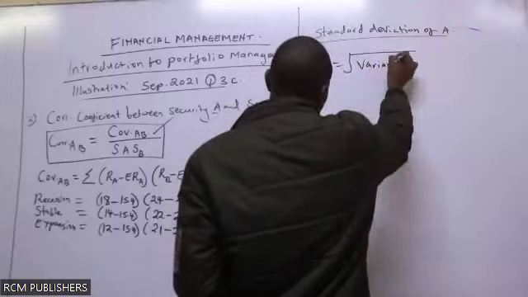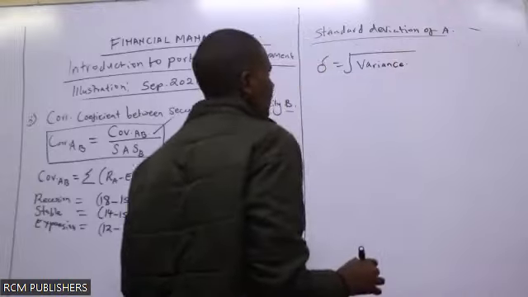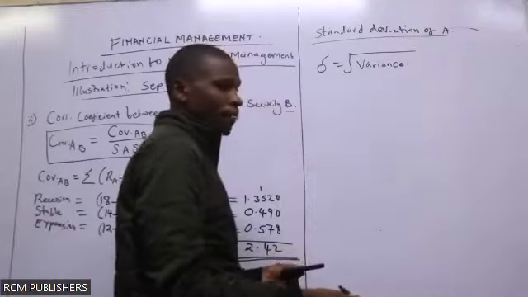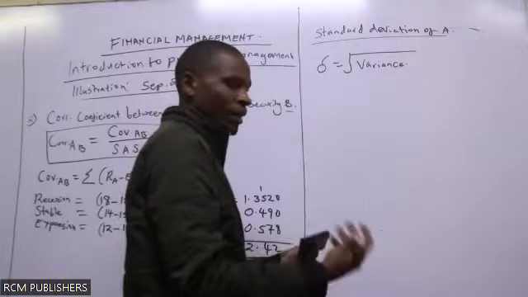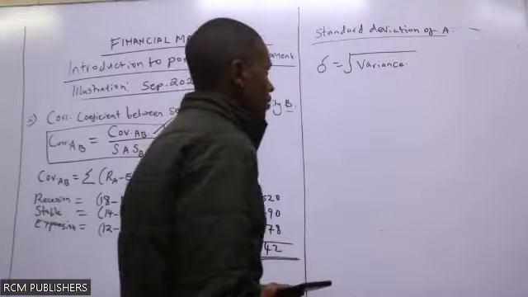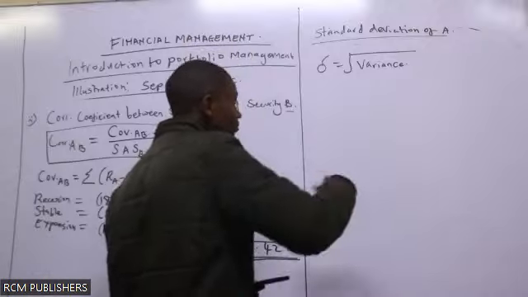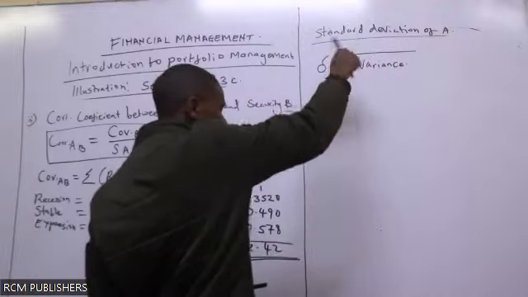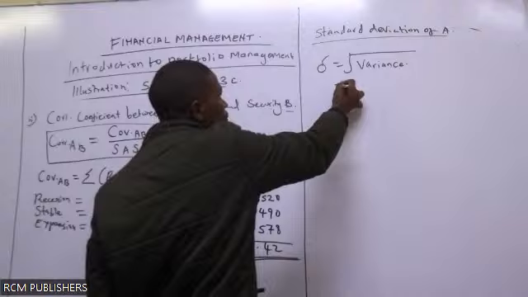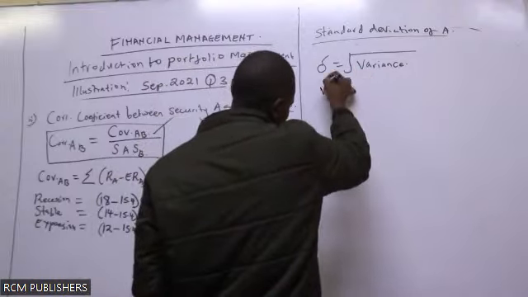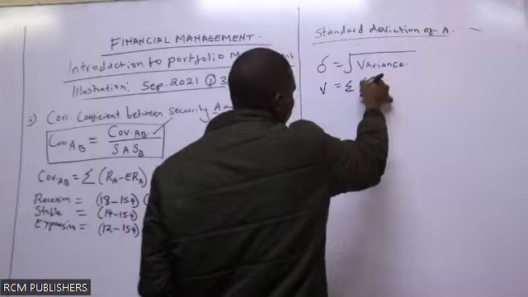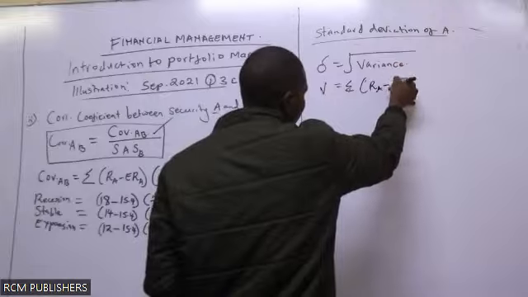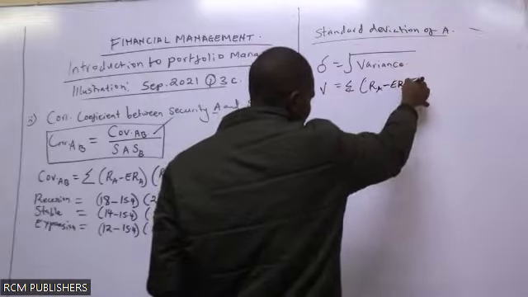There's something I want you to understand here. Once you hear of variance, remember something squared, and then multiplied by the probability. Variance must be squared. So to get variance, it is equal to the return of security A minus the expected return of A, squared.